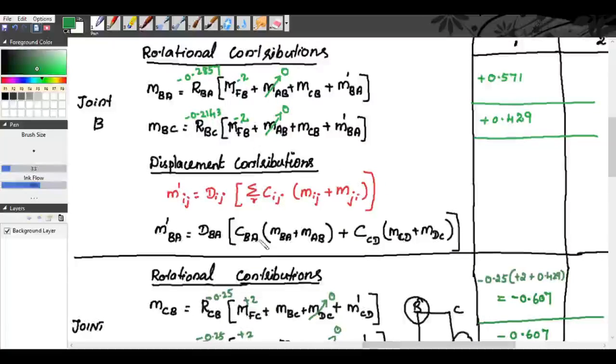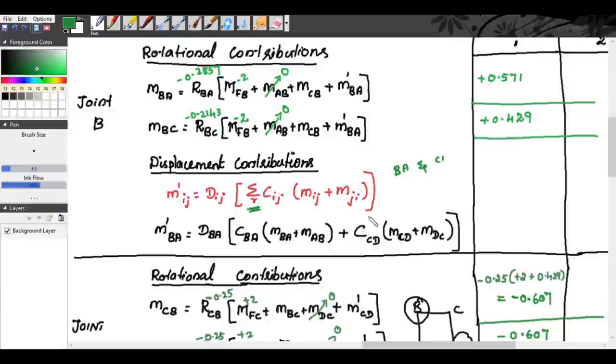So CBA into Mij plus Mji for the column BA. That means we have two columns, see, at story R, we have only one story. At R we have two columns BA and CD. So this is for the column BA and this is for column CD. So the summation of Cij into Mij plus Mji for the column BA, plus CCD into MCD plus MDC for the column CD.